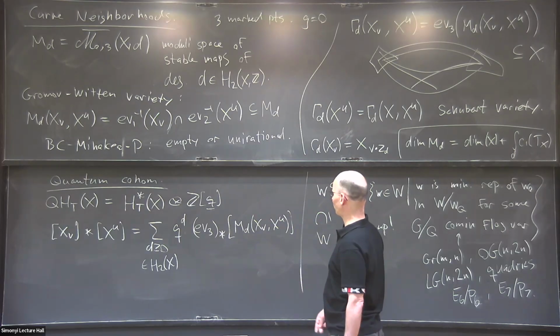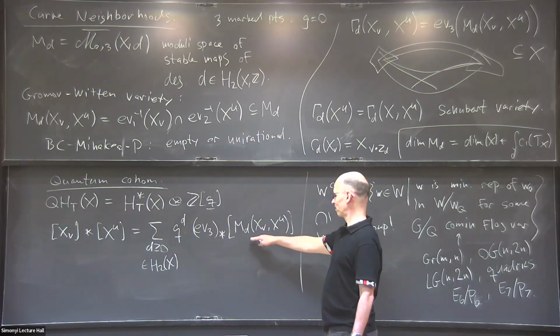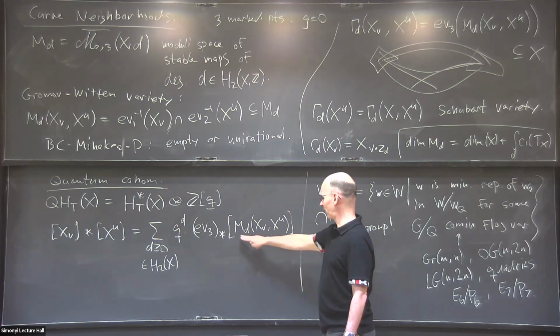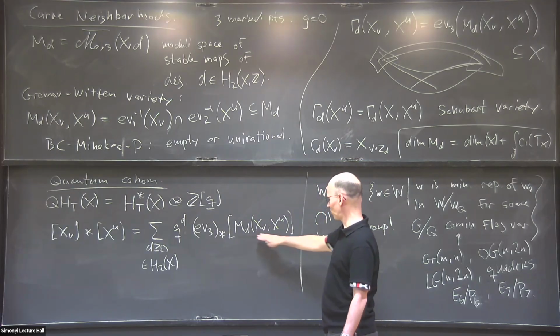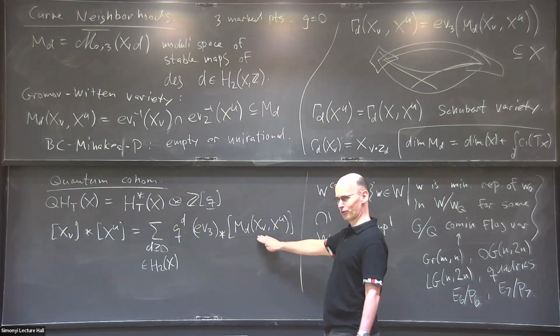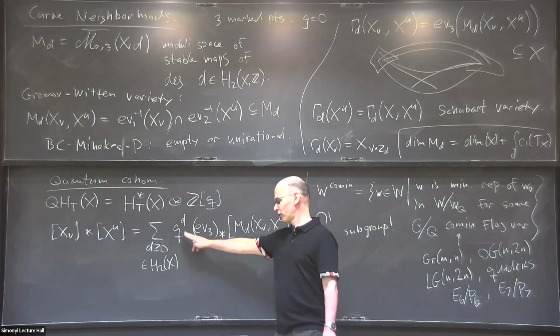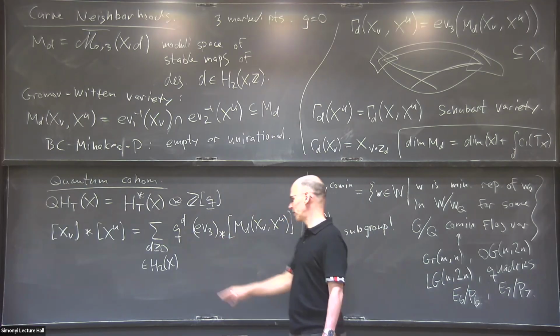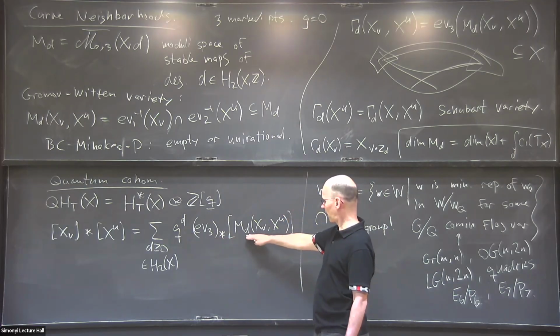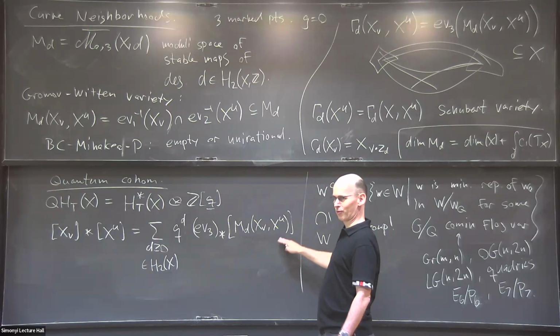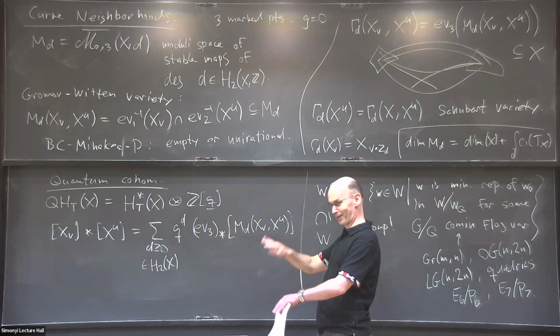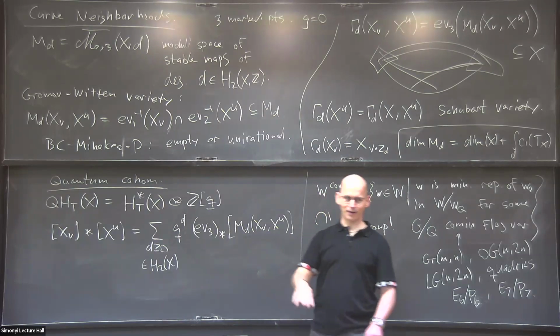So when you take the smallest degree so that this Gromov-Witten variety is non-empty, then it's just a point, pushed forward to a point class times q to the smallest degree. And when you make d larger, you get something that's bigger than a point, but it still pushes forward with finite fibers.